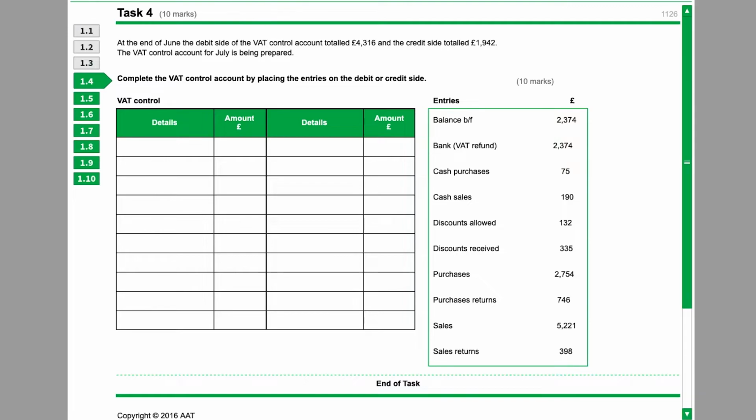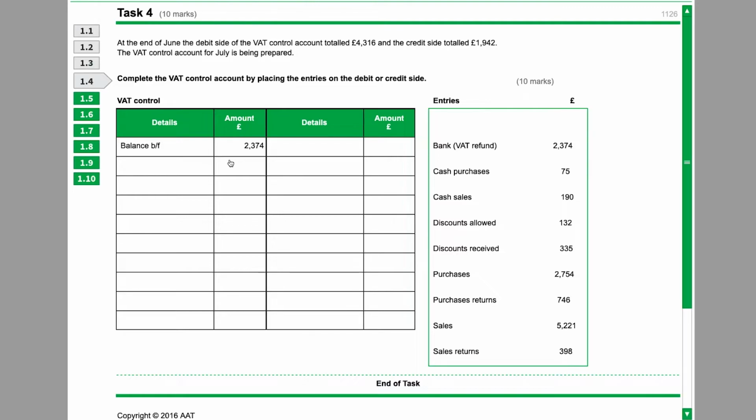Now, just bear in mind that the debit side is higher here, and therefore the balance would be brought forward on the debit side. So technically, the VAT control can either be a liability, which it usually would be where we owe HMRC money, but it can also be an asset, which would happen effectively when our purchases outweigh our sales, which is quite rare, obviously, because most businesses want to make a profit and therefore would sell more than what they buy.